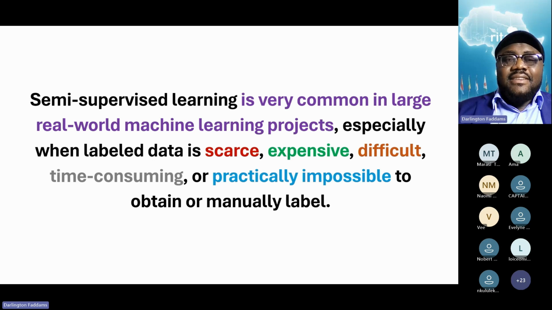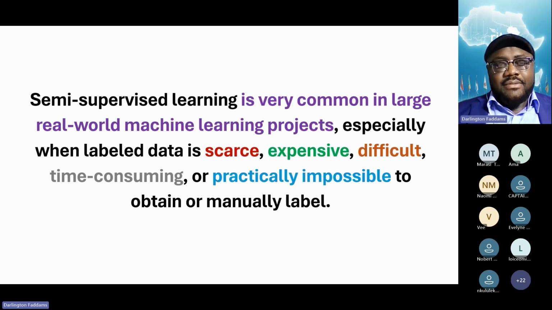Semi-supervised learning, or SSL, is actually very common in large real-world machine learning projects, especially when labeled data is scarce, expensive, difficult, time-consuming, or practically impossible to manually label. This is called semi-supervised learning.